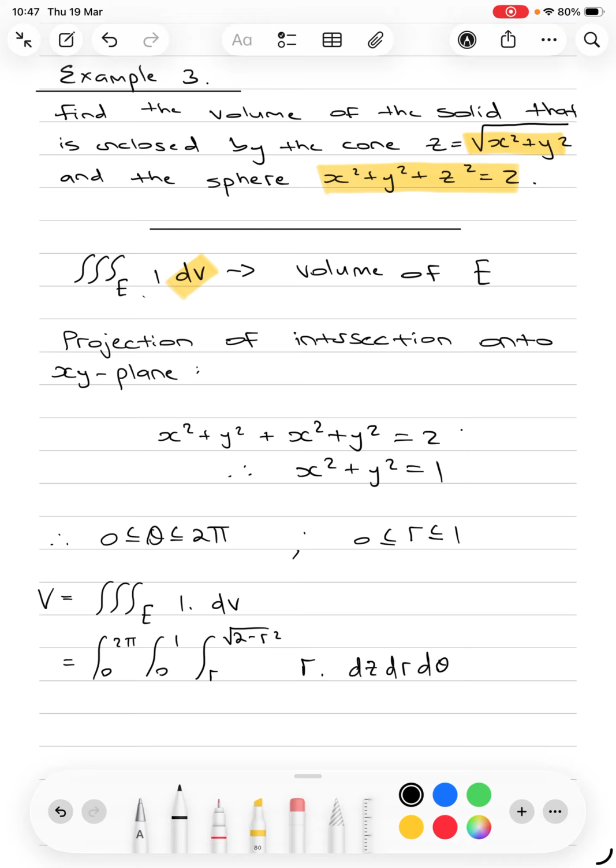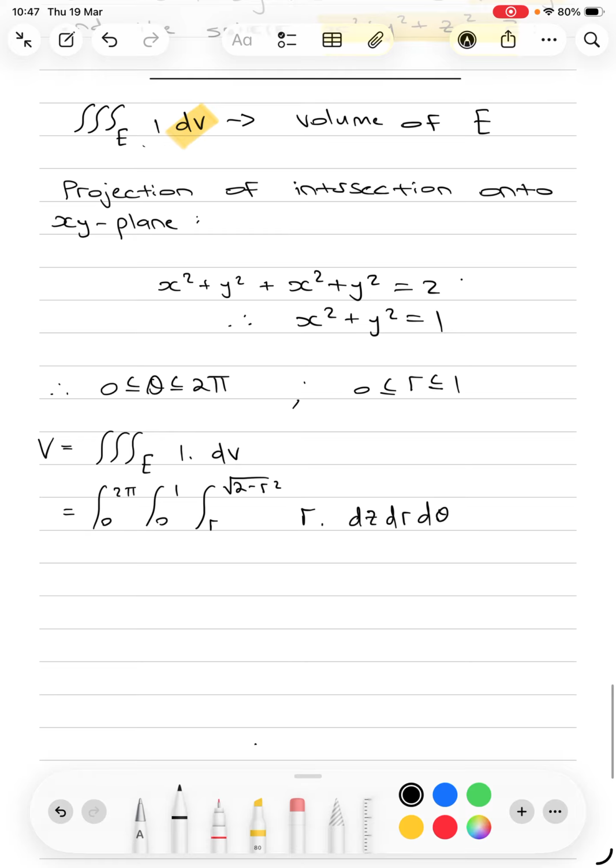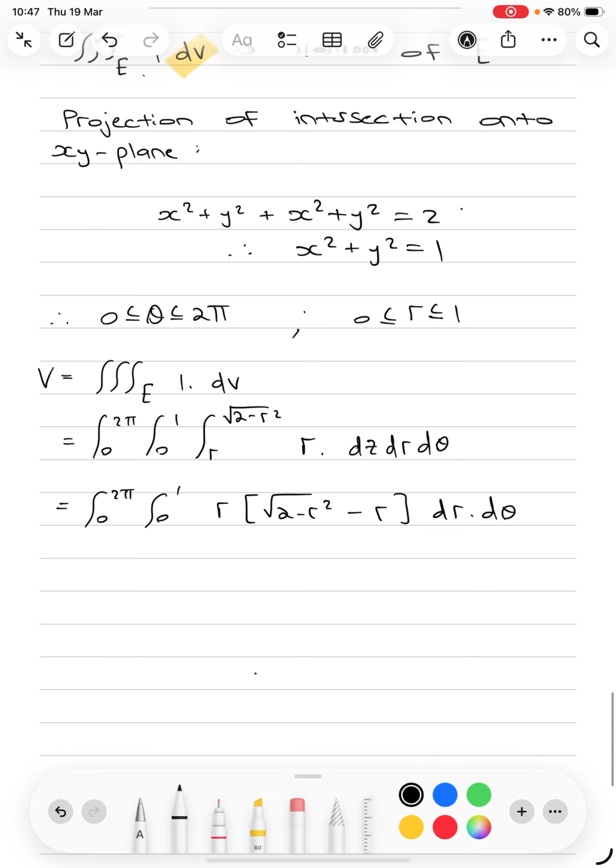And then the integration can happen, which hopefully won't be too hard, seeing as the integrand is simple. So you have a z and then subbing in the limits takes you there. Right, then up next we integrate with respect to r.